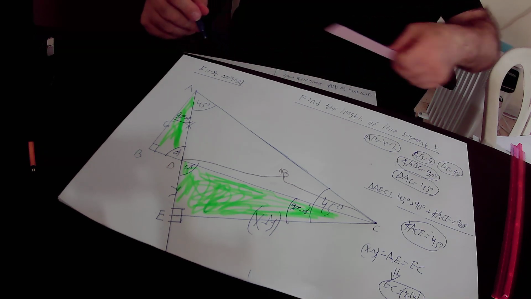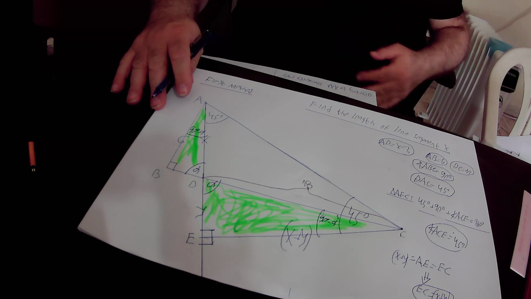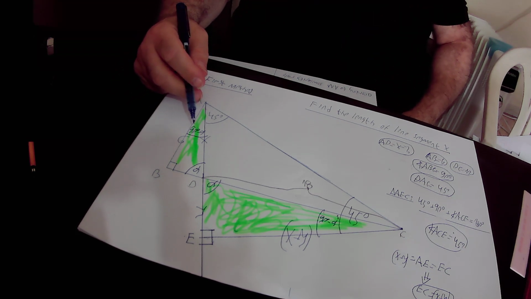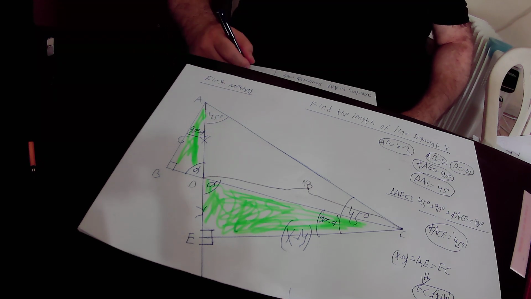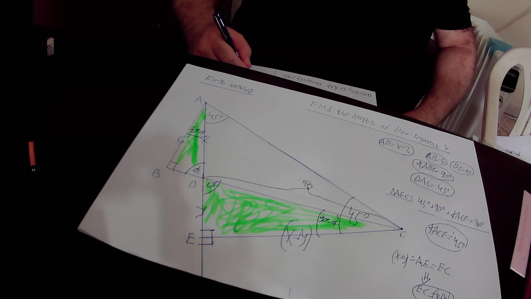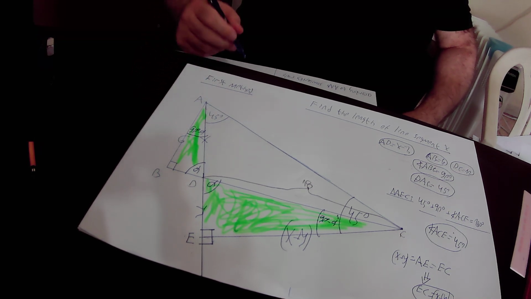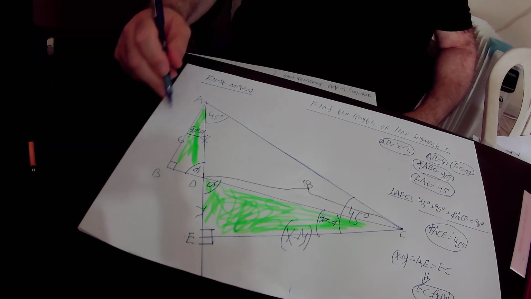According to the Pythagoras theorem, the square of the hypotenuse equals the sum of the squares of the perpendiculars. So in the right green triangle ABD, the hypotenuse is AD, so the square of the hypotenuse is AD squared, and it equals the sum of the squares of the perpendiculars, that is to say BD squared plus AB squared.